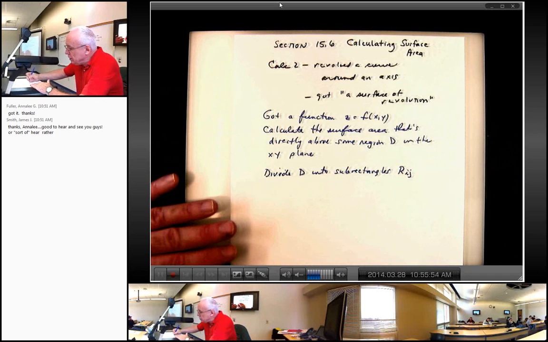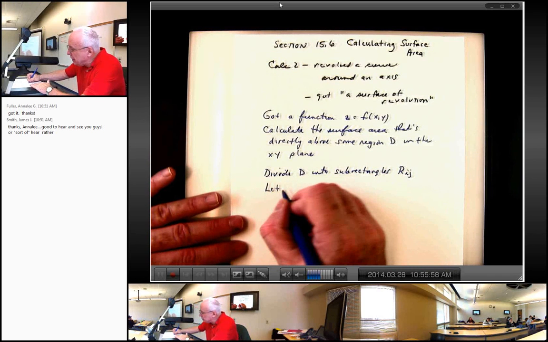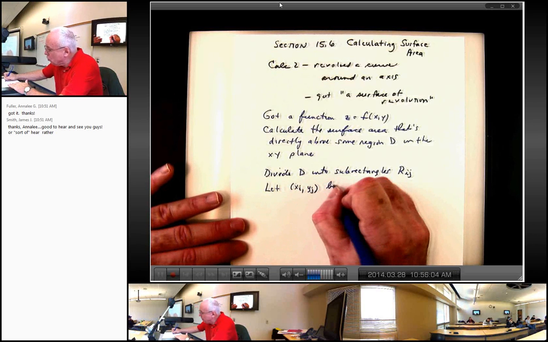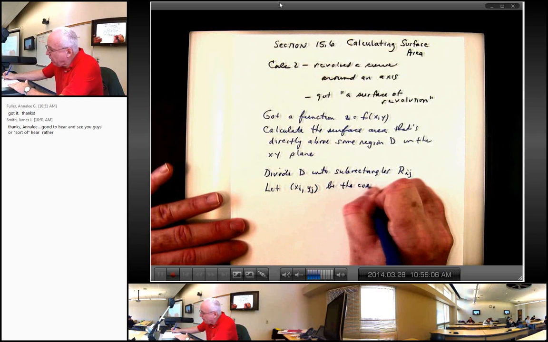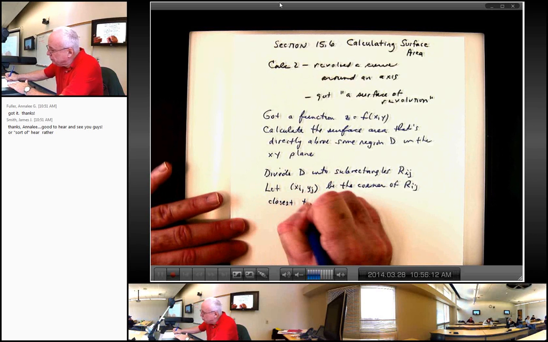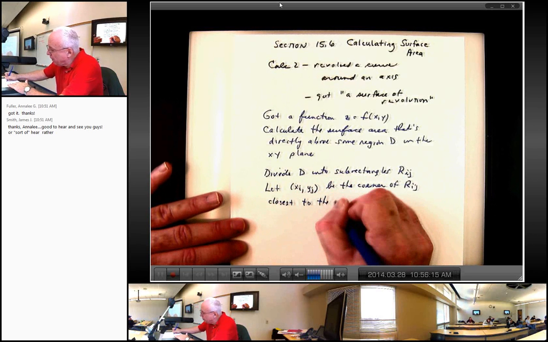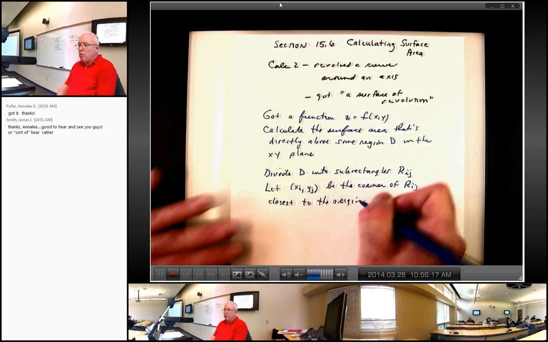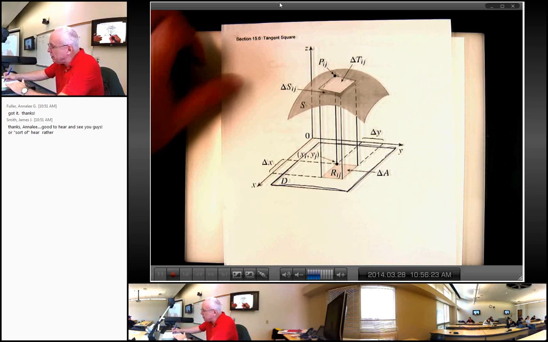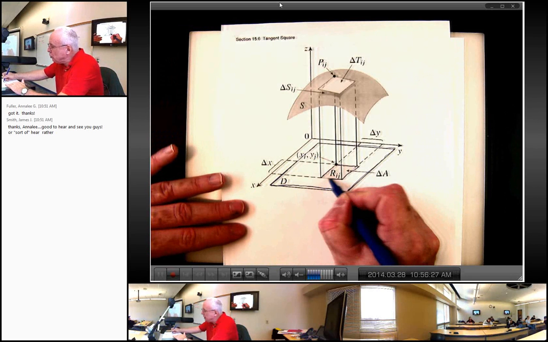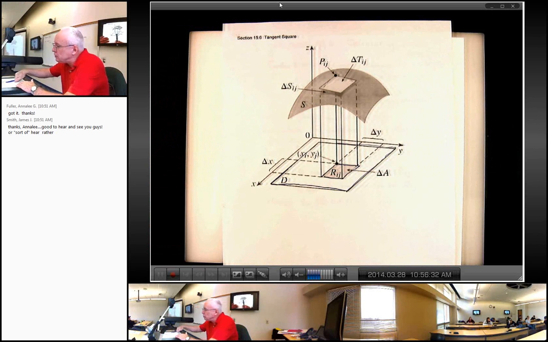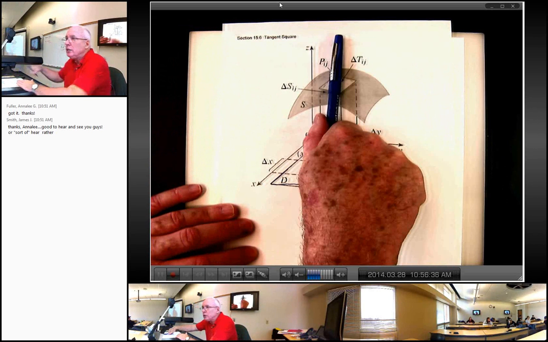And in each sub-rectangle, let (xi, yj) be the corner of the sub-rectangle that's closest to the origin, to 0, 0. All right. So here we have a sub-rectangle, Rij. Here's our point (xi, yj) that's closest to the origin. And what we're going to do then is project that up vertically until we hit our surface.